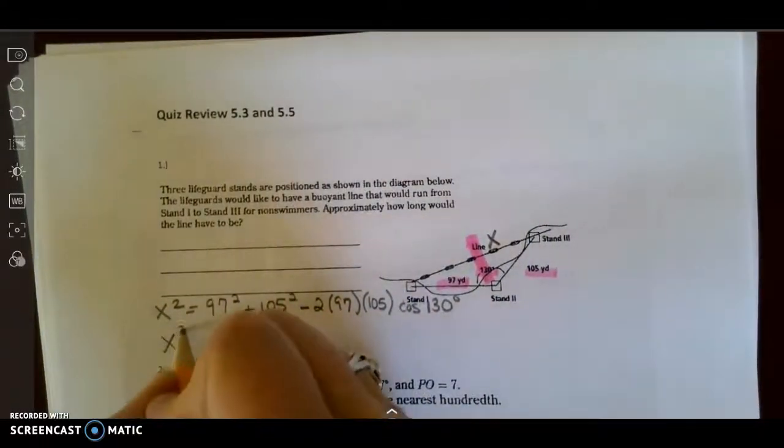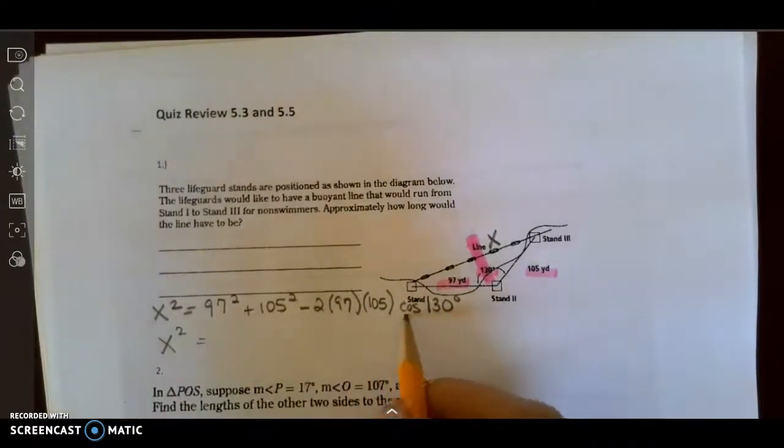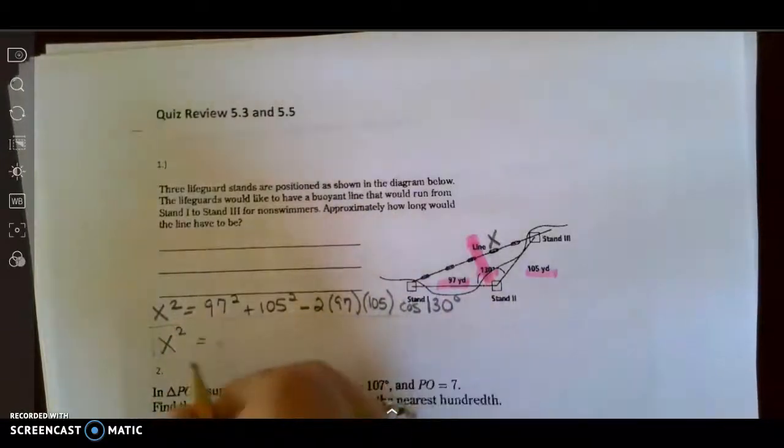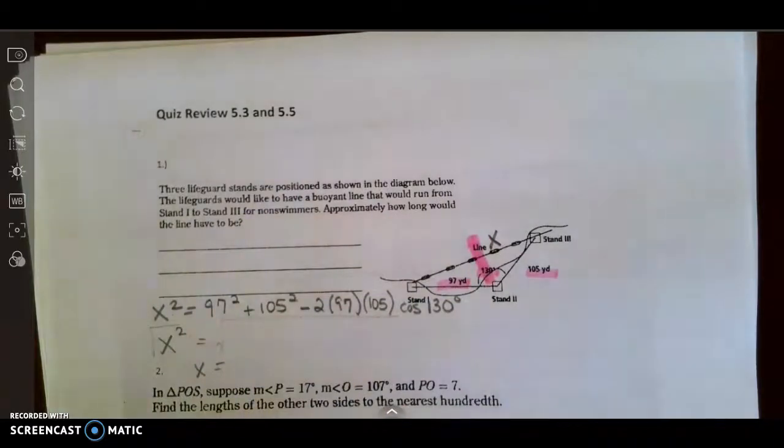You put all of that into the calculator and you get an answer, and then you take the square root of both sides and you'll get an answer for x. Really want you to try and work through that one on your own.